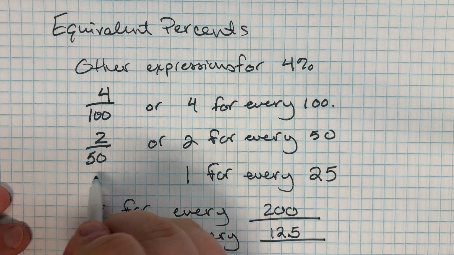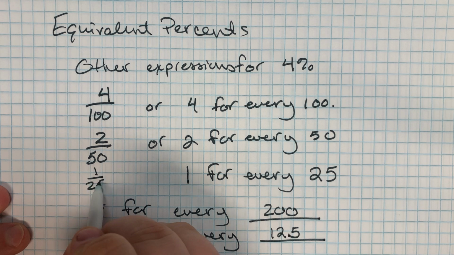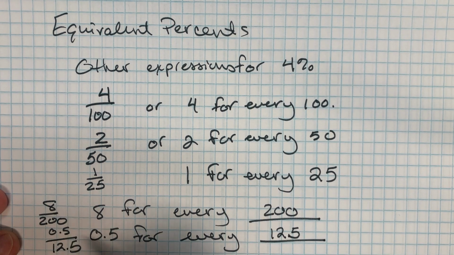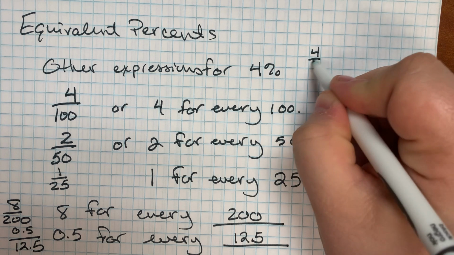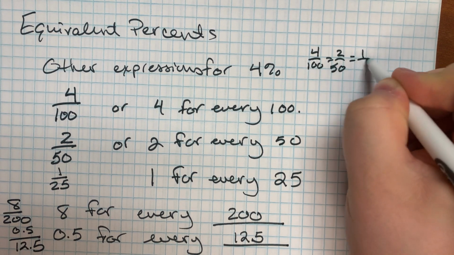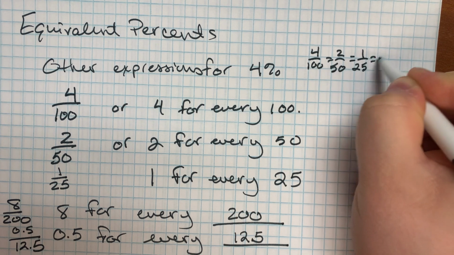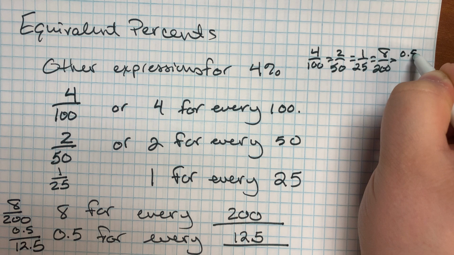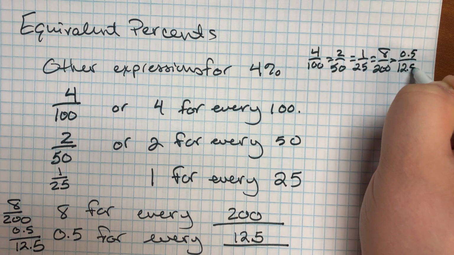You know, this is just the same as writing all of our equivalent fractions. Because we know that 4 100ths equals 2 50ths equals 1 25th, which is the same as 8 200ths, or a half over 12 1/2.